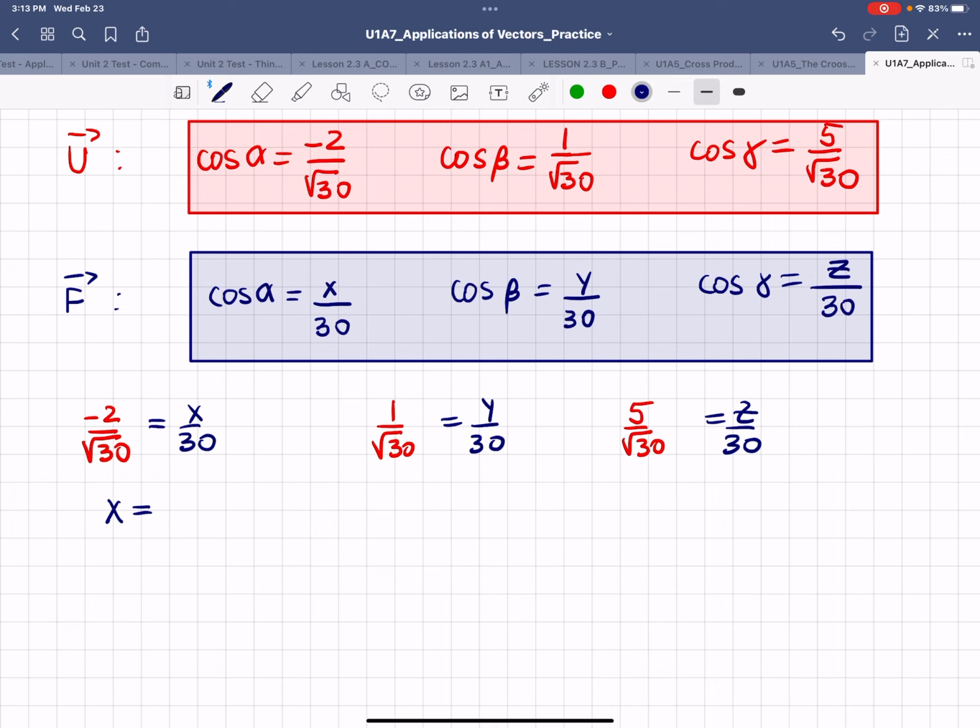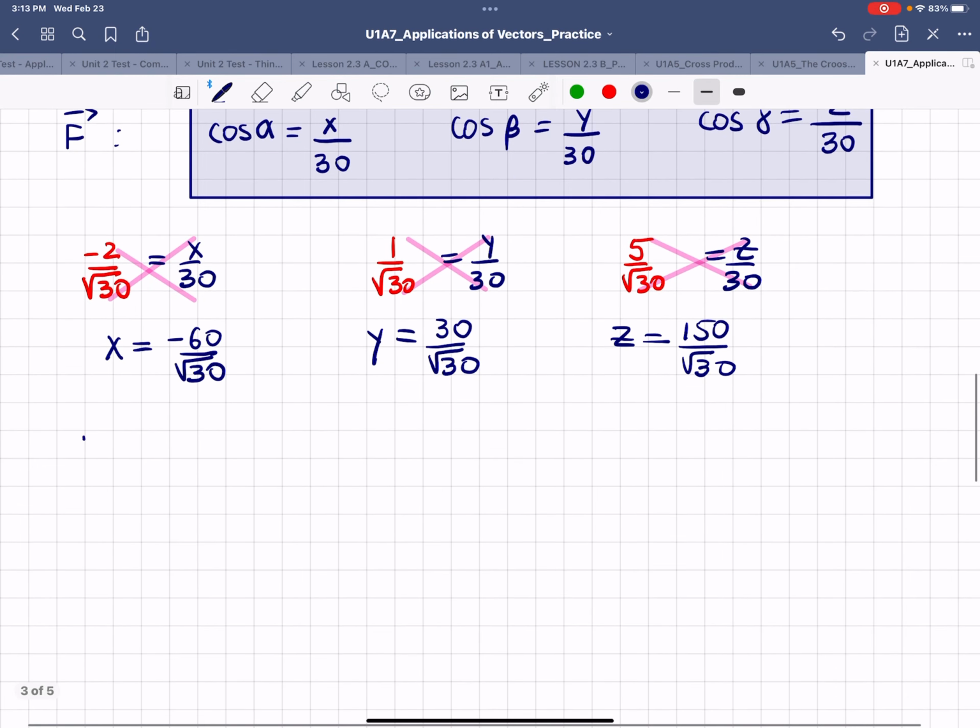So cross multiplication everywhere to solve for the unknown variable. And here we go. We have x equals -60 divided by root 30. y will be 30 times 1, 30 divided by root 30. And z will be 30 times 5, 150 divided by square root of 30.